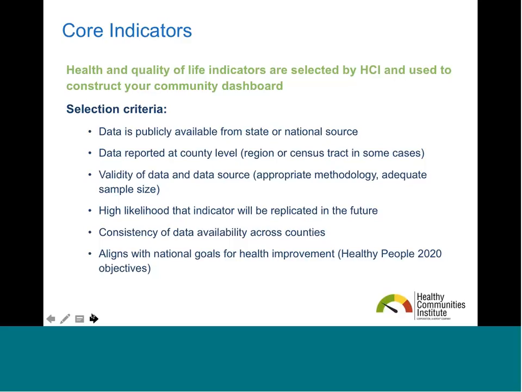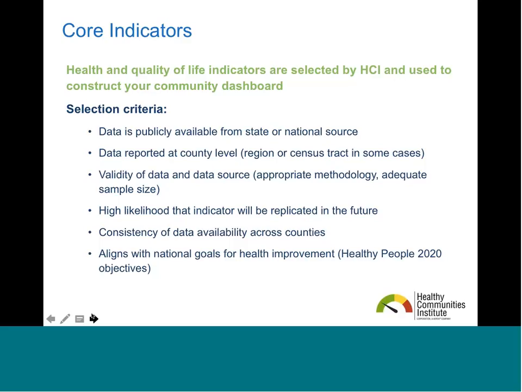When we develop the core list, we consider a number of factors. We have a researcher assigned to New York State, and they develop the core list based on a number of factors. They look at the validity of the data and the reliability of the source, whether they'll continue to replicate their data, and also the availability of the data.